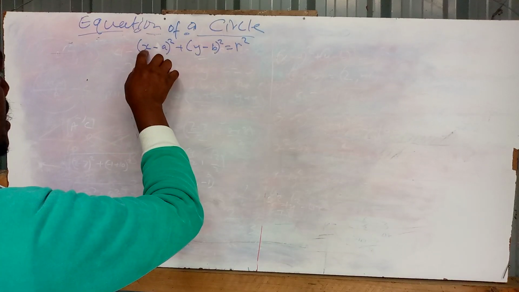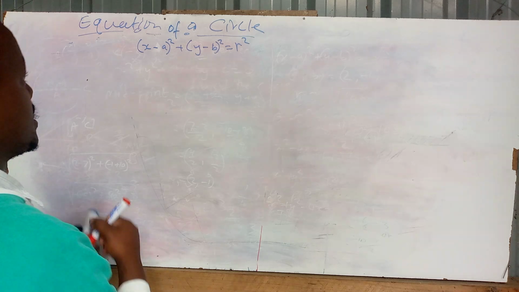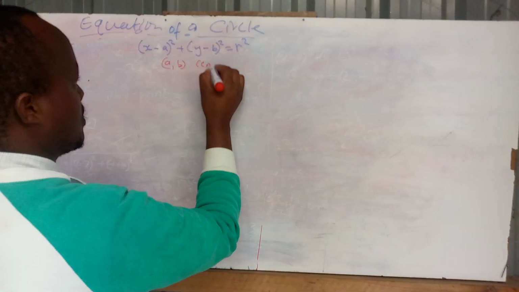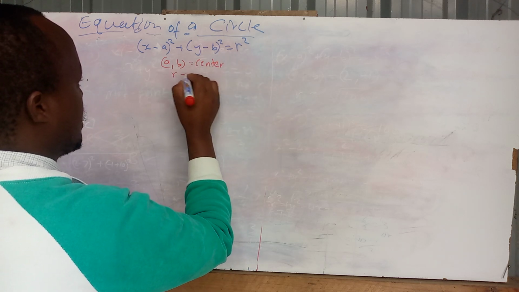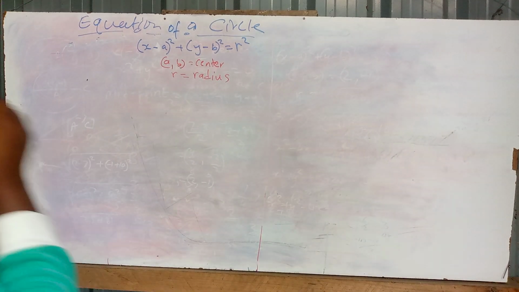And remember, (a, b) is normally the center of the circle, the coordinates of the center of the circle, and r is the radius of the circle.